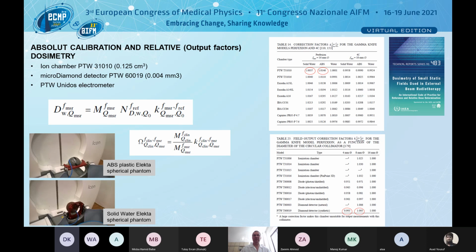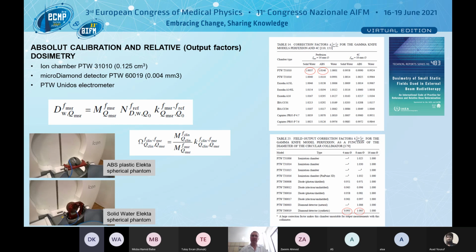Similarly, for relative measurements, like relative output factors, which is denoted by this sigma, it's a ratio of signals. Like signal for 1 minute, for example, measured on 4 millimeter divided by 16, which is the maximum field size on perfection, and 8 millimeter divided by 16. But again, this ratio, which we normally used, must be corrected by this correction factor.